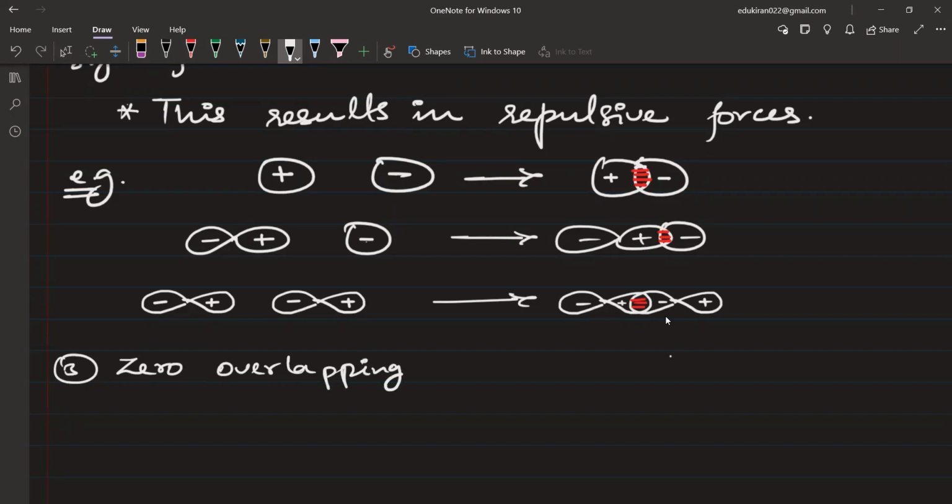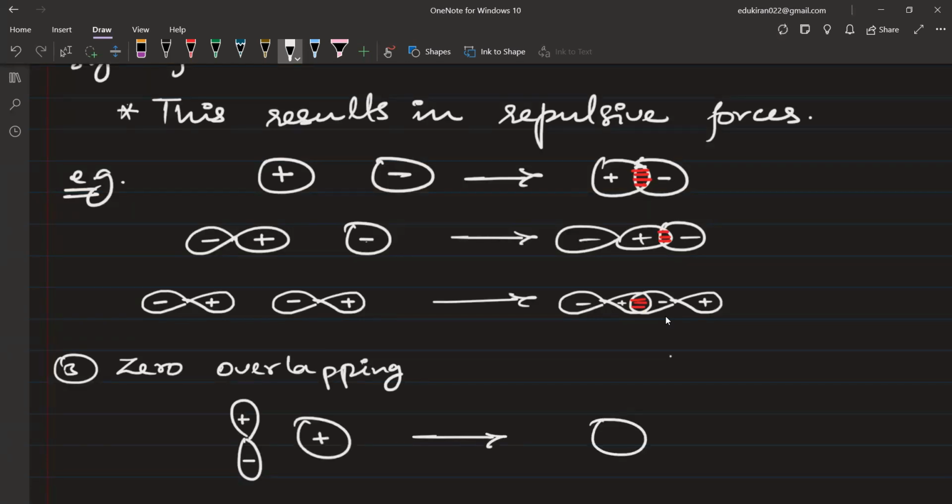So zero overlapping happens when you are overlapping with some parts of positive and some part of negative. For example, if you have something like this, this is positive. Positive, negative, ठीक है. And then I have s orbital like this. And यहाँ पे आपके पास क्या होगा?